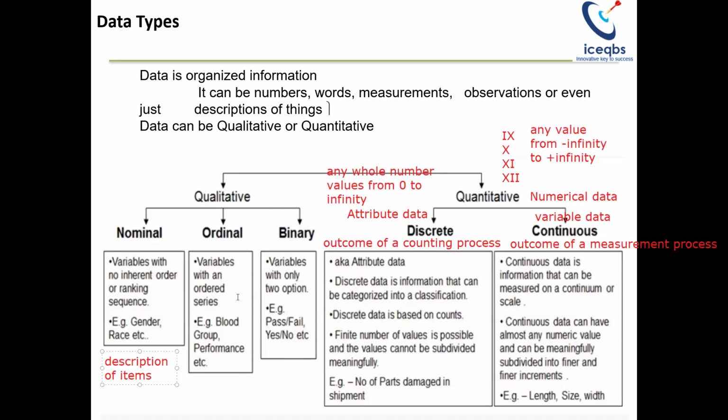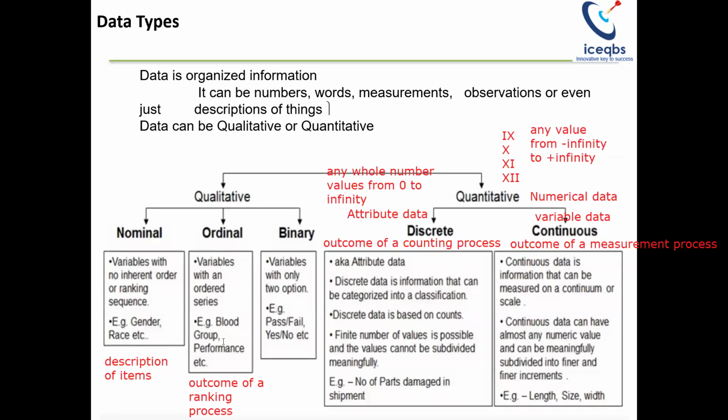Right? Ordinal data is the outcome of a ranking process. For example, we like to divide people according to income group, and then we may say low income group, medium income, high income group, or BP: low BP, moderate BP, high BP, and so on.